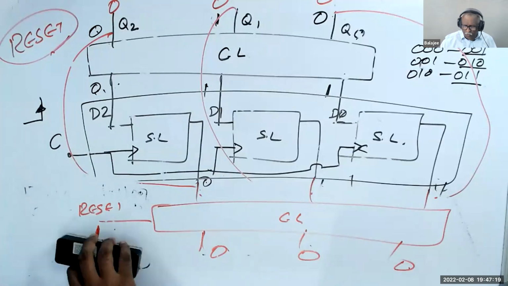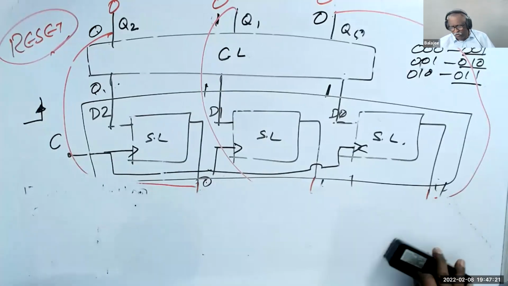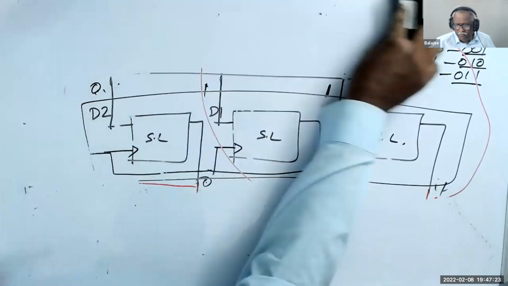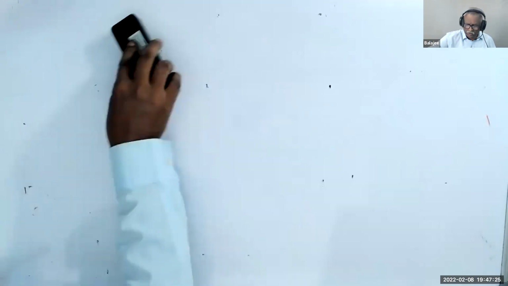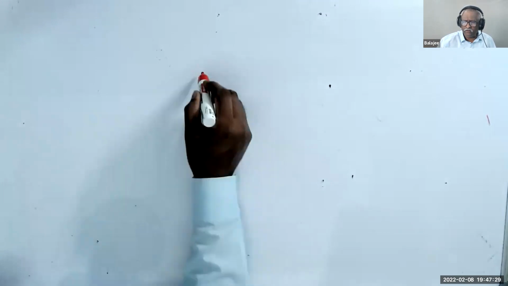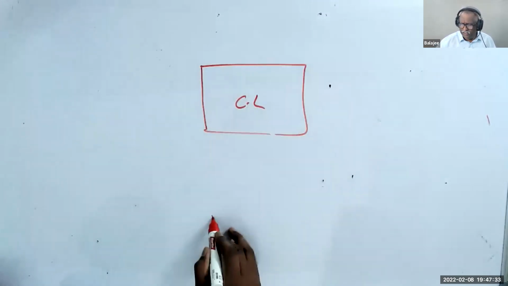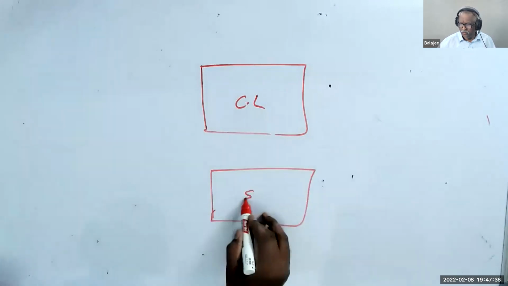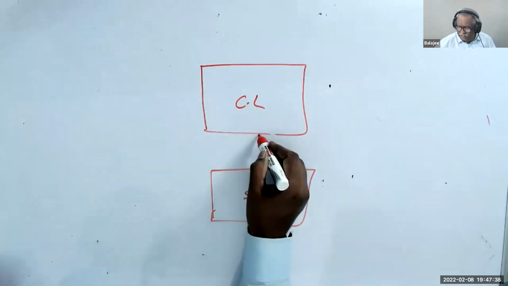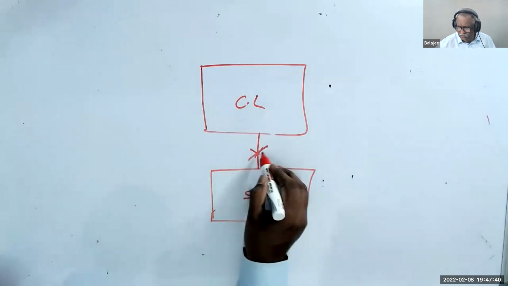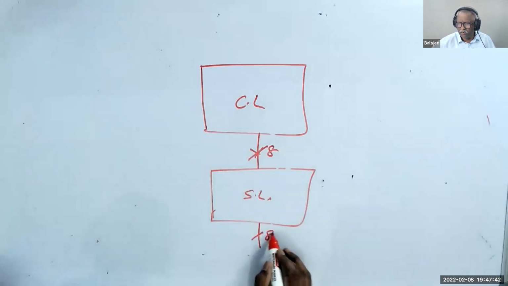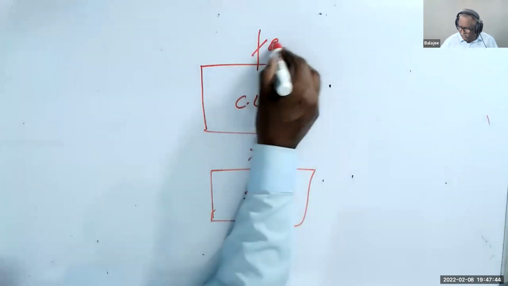So we have a much more complicated diagram. I don't want to get into it. What I'm trying to tell you is this idea. We have a combinational logic and we have a sequential logic. This guy gives an input here, 8. This is 8, and this is 8. This 8 goes here.